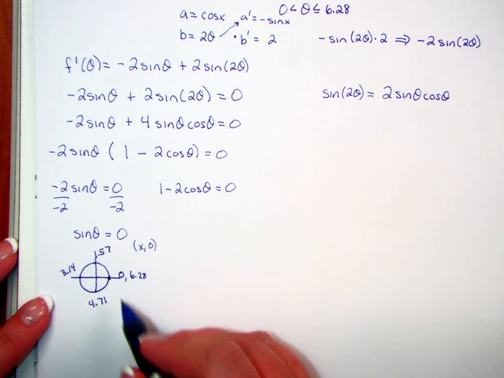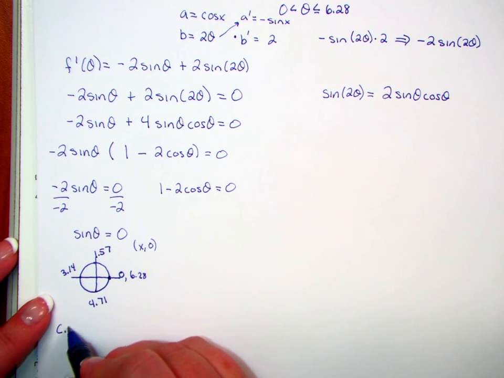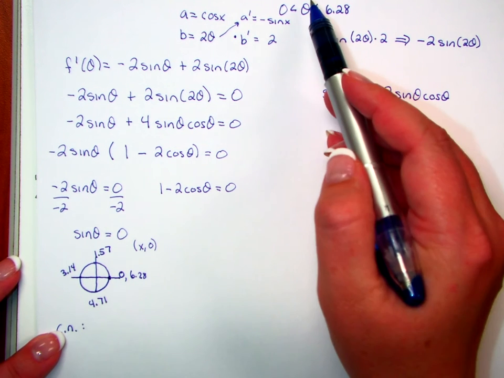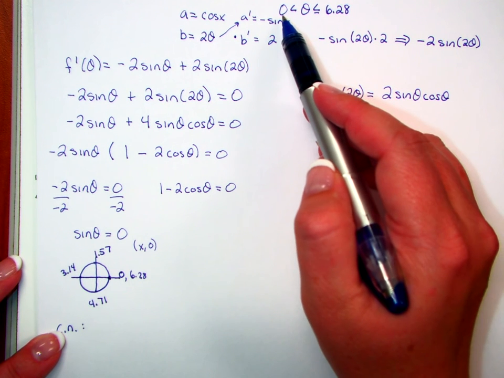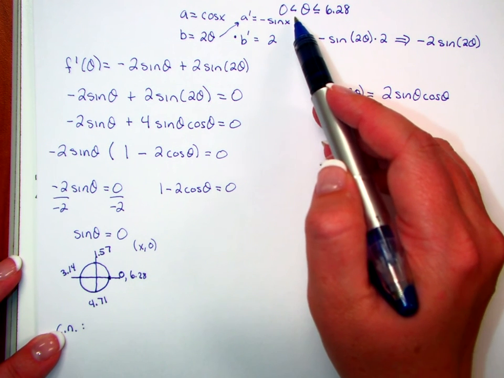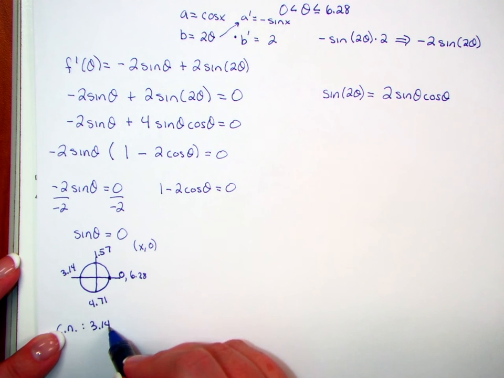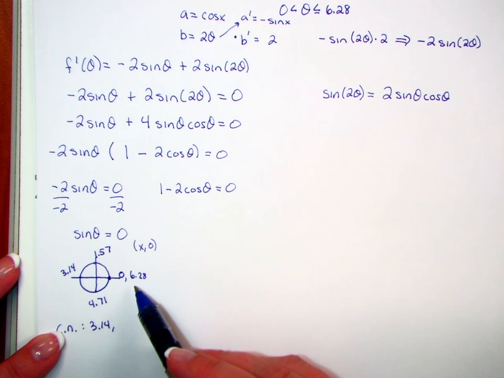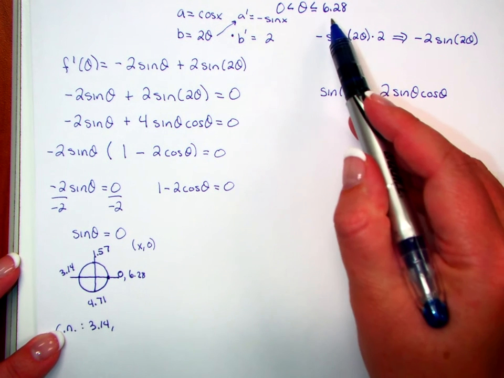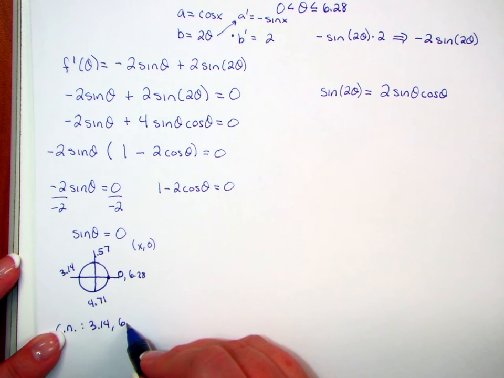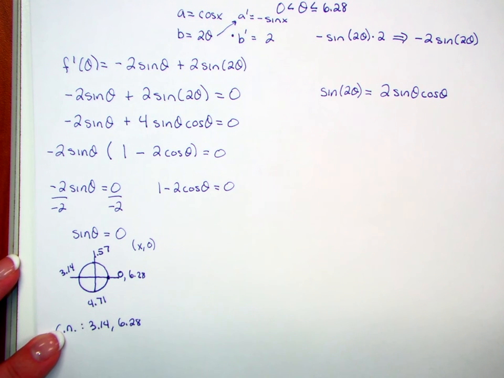And so I am going to write the critical numbers that are in our restricted domain here. I'm not going to include 0, right? The first critical number is going to be 3.14, and then the next time it hits 0 is 6.28, and 6.28 is included in our restricted domain there. So I get 2 critical numbers for this equation.